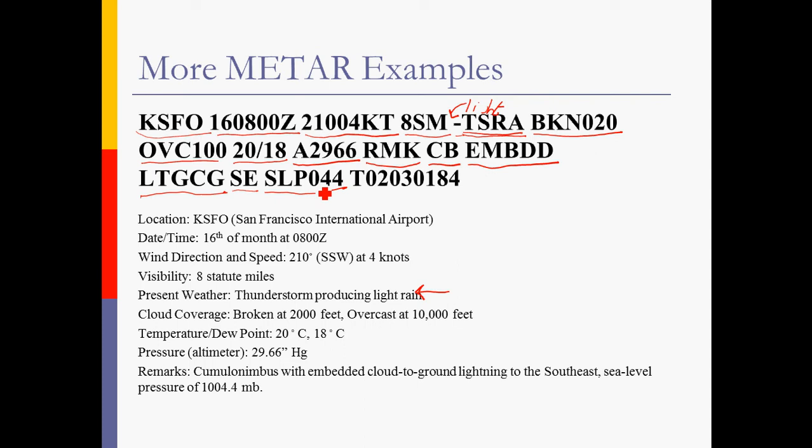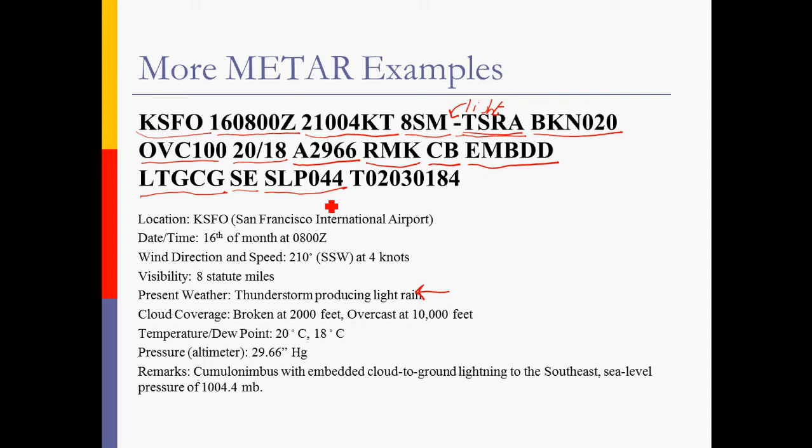If the first number of the three numbers begins with 5 or greater, you add a 9 to the front and then add a decimal place in between the second to last and last numbers. But if the first number in this little sequence next to SLP begins with less than 5, what you do is you add a 10 to the front and then put a decimal point between the second to last and last numbers, and then that gives you the sea level pressure in millibars.